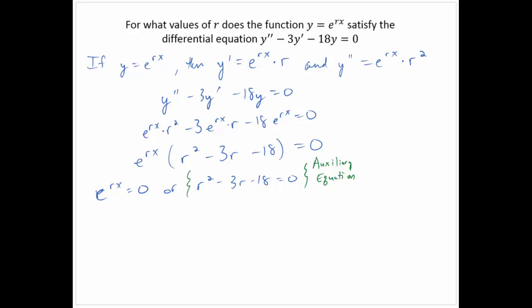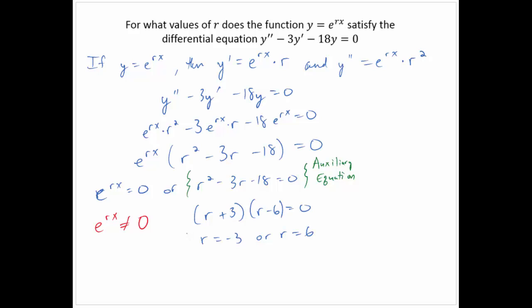Now, e to the rx cannot equal 0, right? E to a power is not 0. But r squared minus 3r minus 18 can equal 0, and we can just solve that by factoring. That's r plus 3 times r minus 6 is 0, and so that implies that r is negative 3, or r is 6.